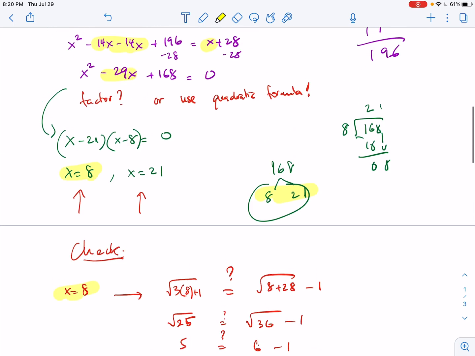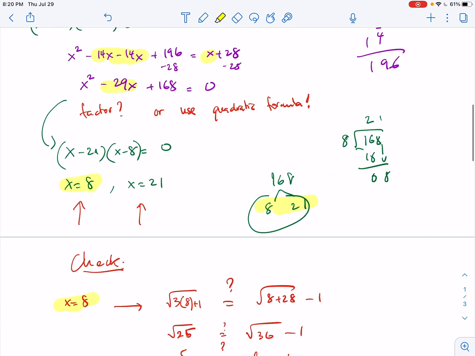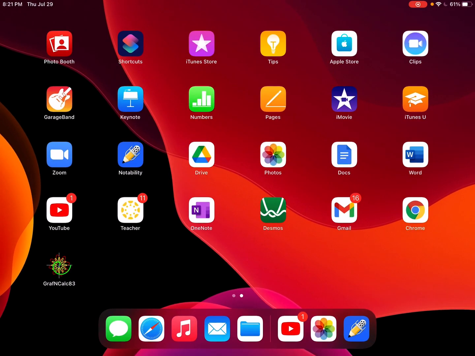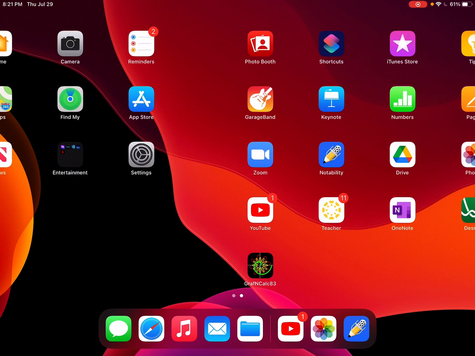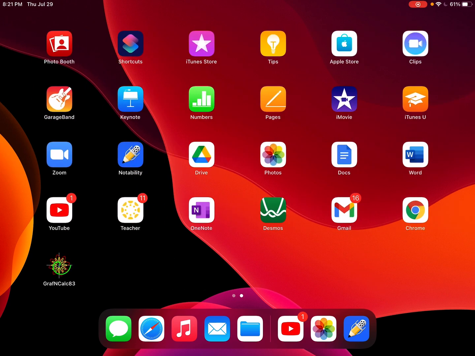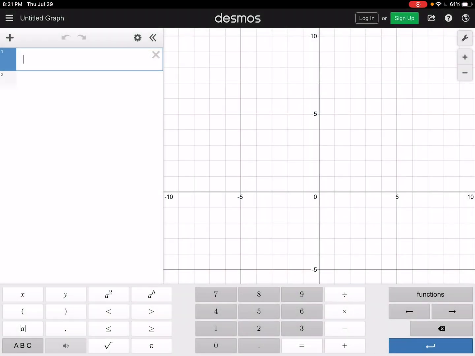Now, what does this mean in terms of the two graphs? Let me graph them and show you what the solution looks like in terms of the graph. So where is my graph? Decimal. Okay. So one function, y equals the square root of 3x plus 1.